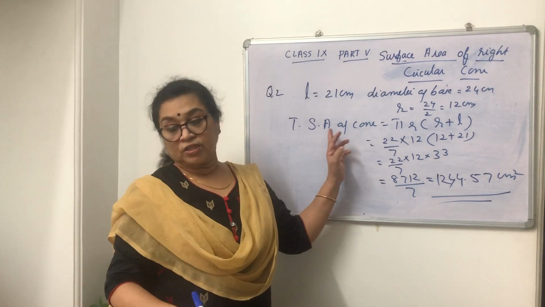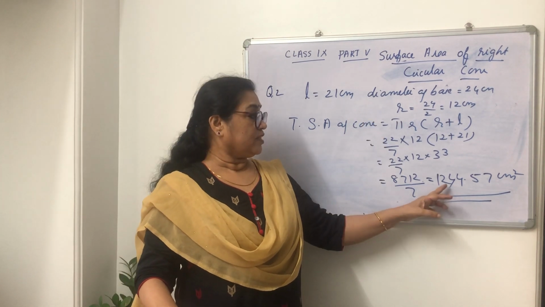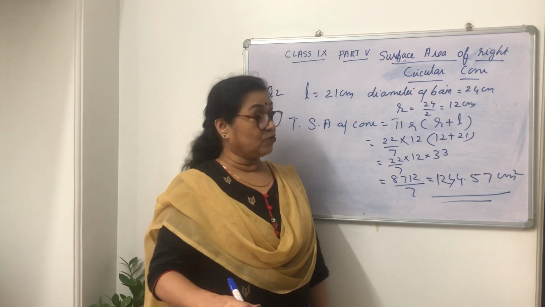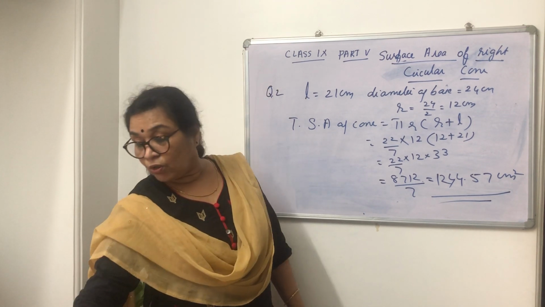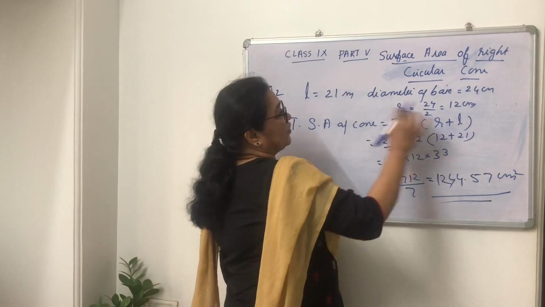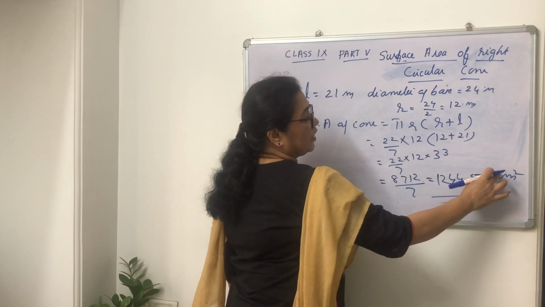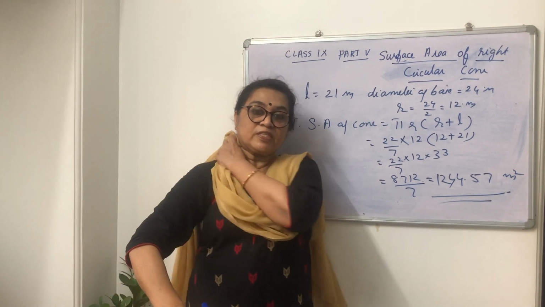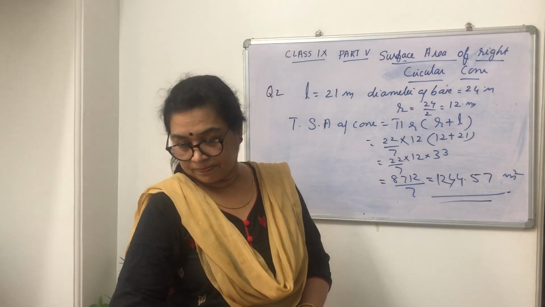So the total surface area of the cone is 1244.57 meter, not centimeter here. All the measurements are given in meter. So the answer is 1244.57 meters square.